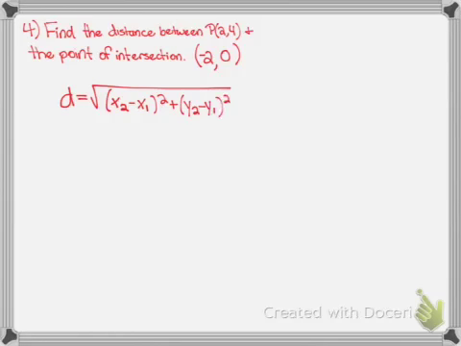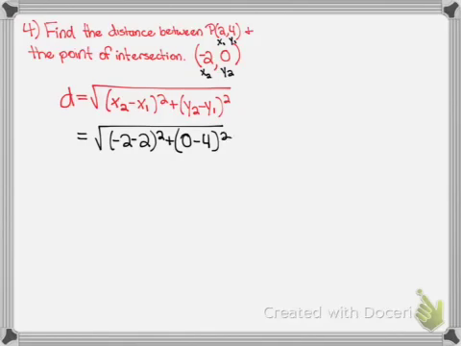I can take point P to be my x1, y1, and take my point of intersection to be my x2, y2. So when I plug it into the distance formula, I get negative 2 minus 2 squared plus 0 minus 4 squared. So that becomes the square root of negative 4 squared plus negative 4 squared.